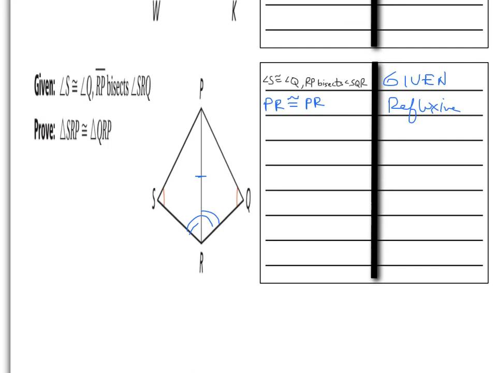So I need to name it angle SRP is congruent to angle QRP, by the definition of an angle bisector.